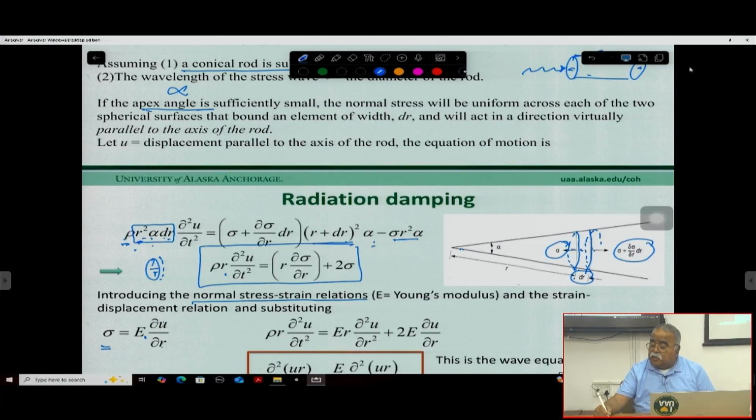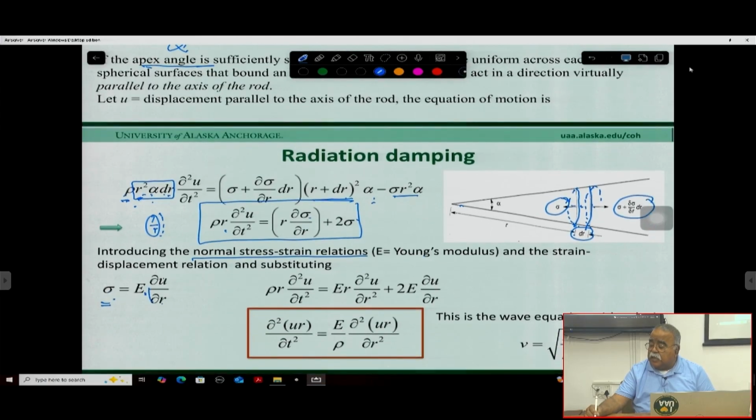So sigma by du/dr equals E. That E, that sigma, you can substitute in this equation, and then rho r into d²u/dt², r into d sigma by dr. I can write it as sigma by E, and then we can rewrite the equation in terms of the Young's modulus, right?